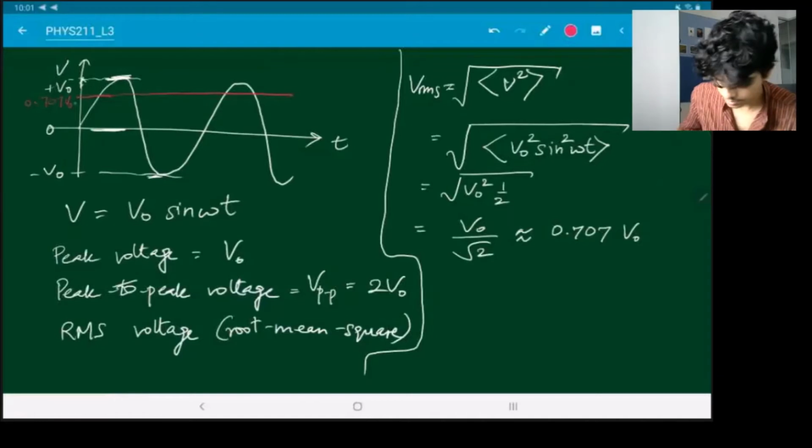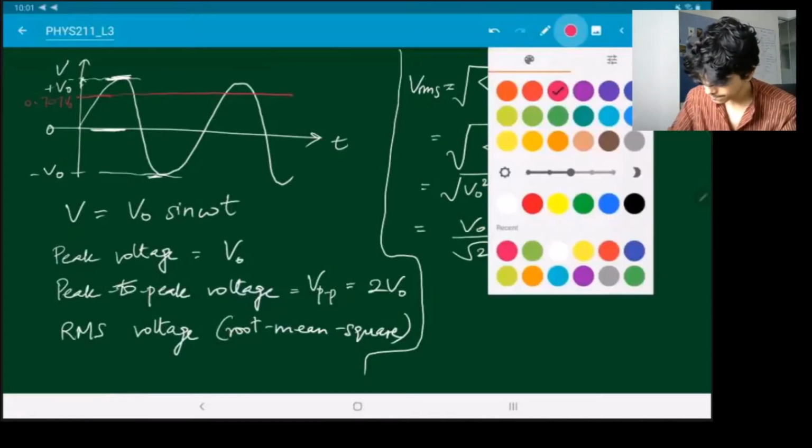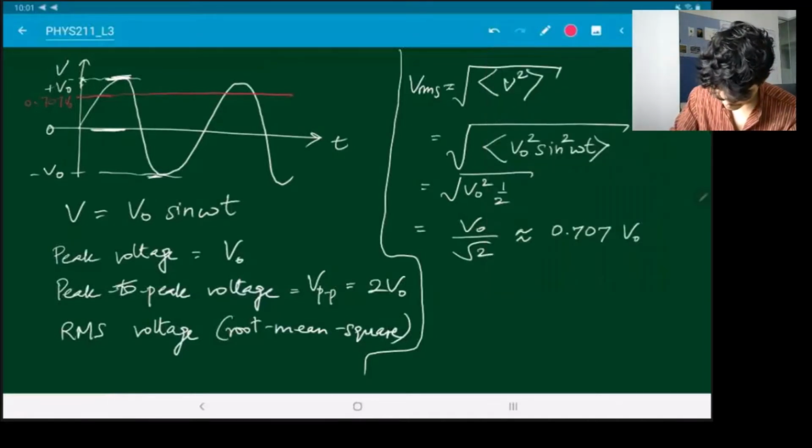Oh, I see, you cannot see that very clearly. So this is the RMS voltage.